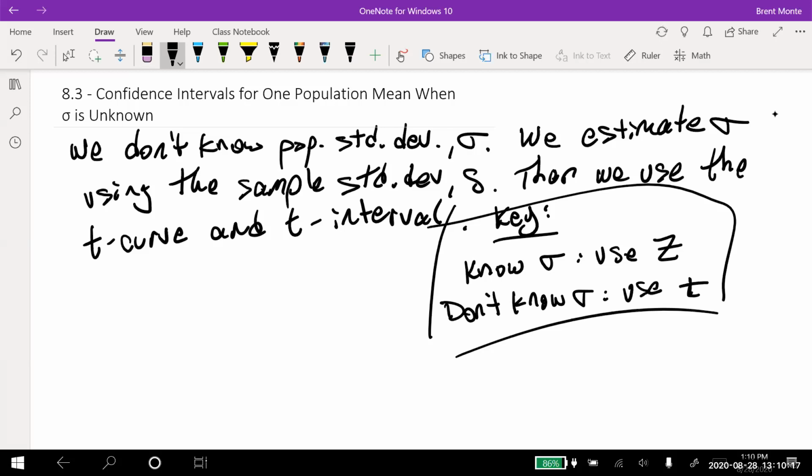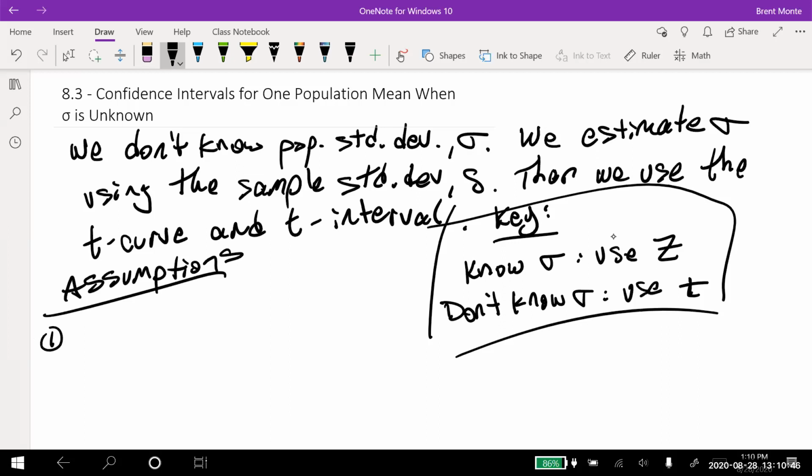Okay, so that's what we have. I'm going to show you how close this is to what we just did. So let's go pick out another problem. Oh, let's state the assumptions again, because we need to make sure we know what has to be true in order for us to do this problem. Let's list the assumptions. They will look familiar.